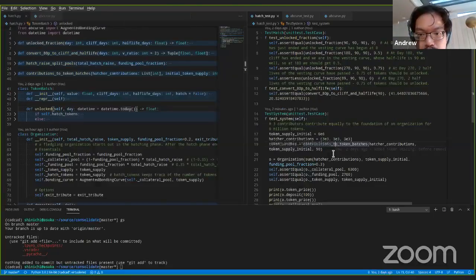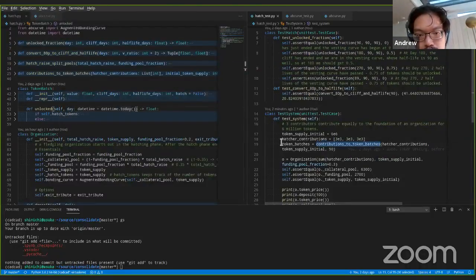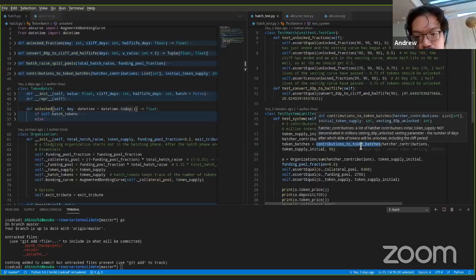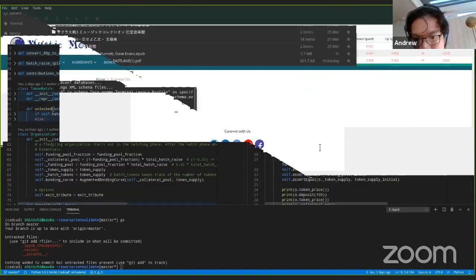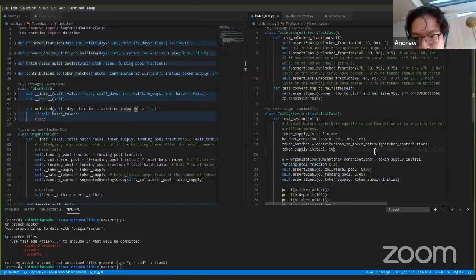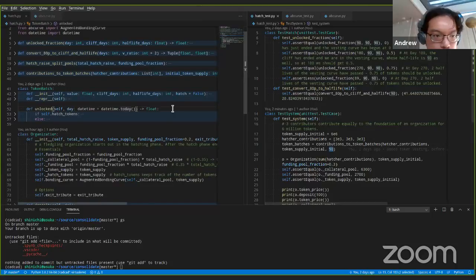So I take this function, which converts these simple integers into token batch objects. And then I tell them that I want 80% of these tokens to be unlocked after 90 days. So it's all set up.